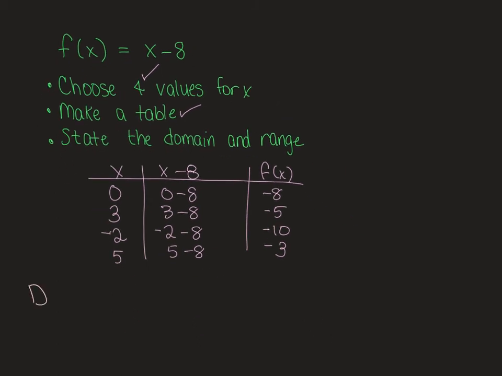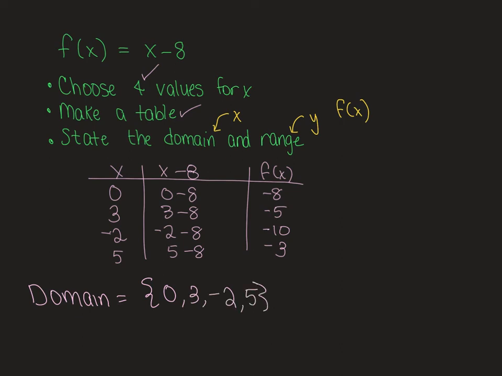So I'm going to write domain equals bracket. Remember that domain is fancy for x, range is fancy for y, and today that's fancy for f of x. So my domain are the numbers that I picked, but I forgot, I'm supposed to put them in order, least to greatest.